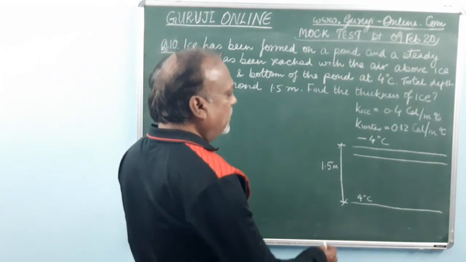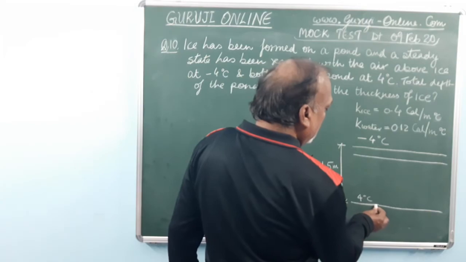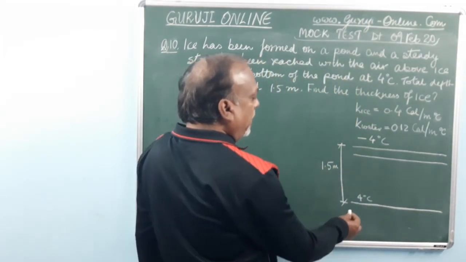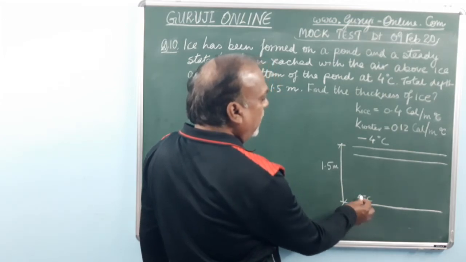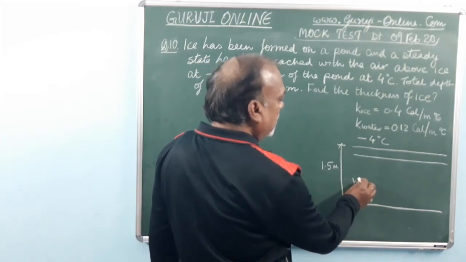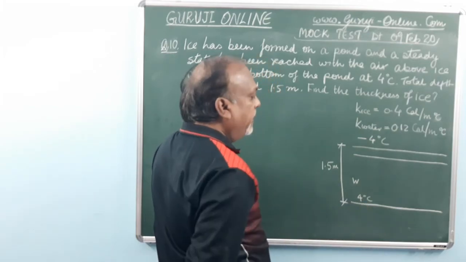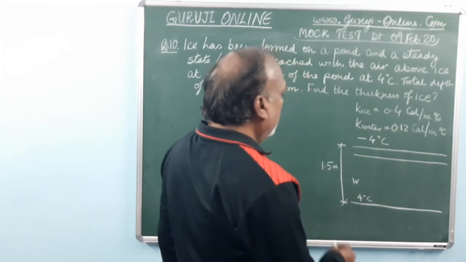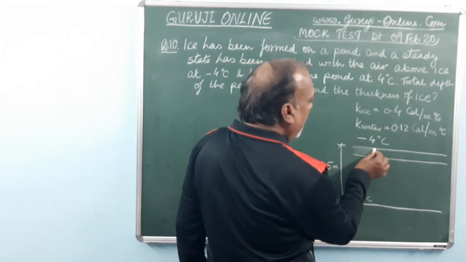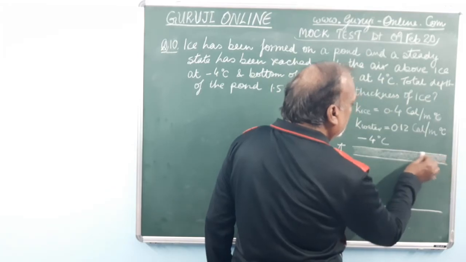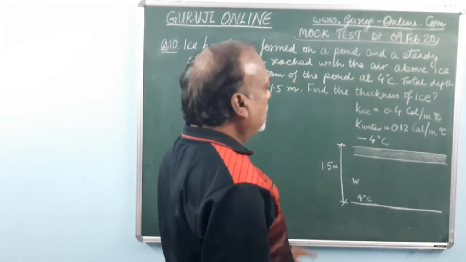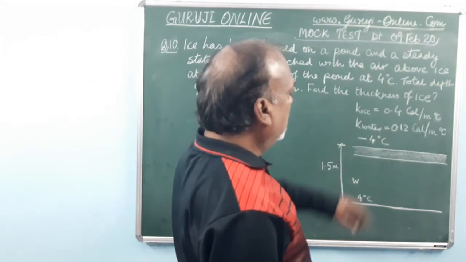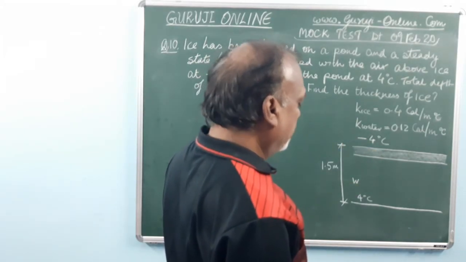So this is basically the pond. Here the bottom temperature of the water is 4 degrees centigrade. This is the total depth of the pond, but on top of it ice has formed because the outside temperature is minus 4 degrees centigrade.